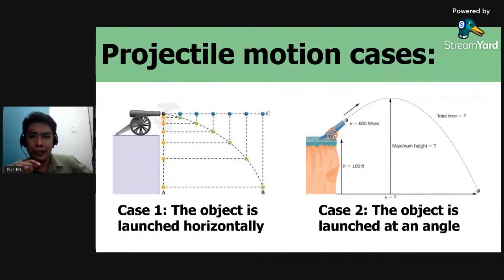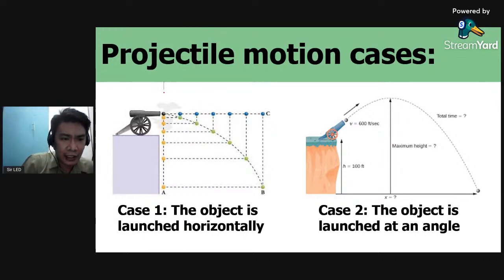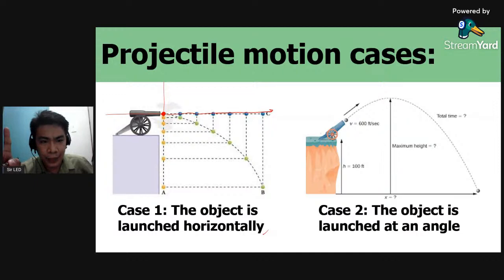And there are two cases involved in projectile motion. The first case is the object is launched horizontally. If we try, class, to put this in the Cartesian plane, the point of release for objects that are launched horizontally is 0 degrees. Therefore, you launch the object at 0 degrees, or you launch the object horizontally.